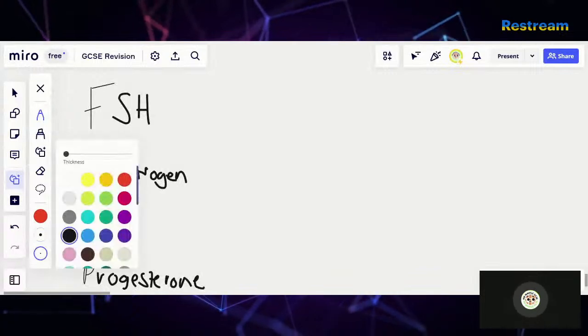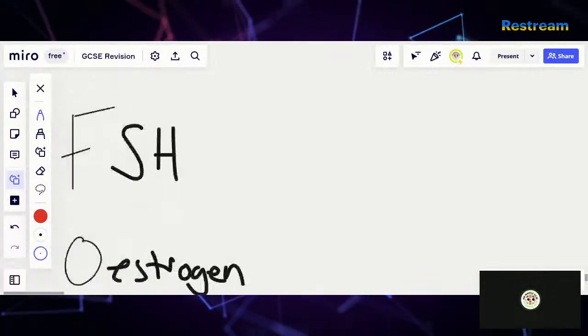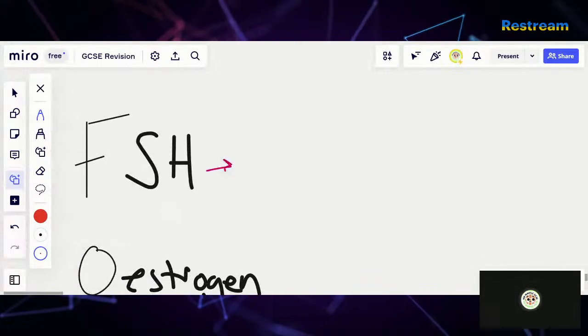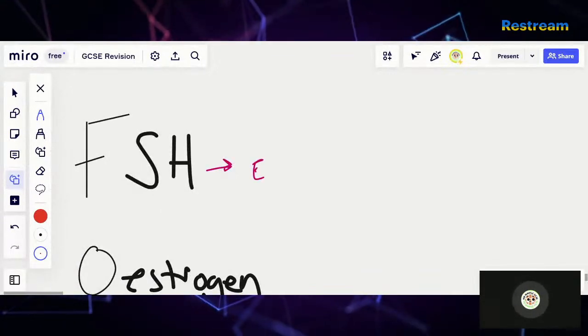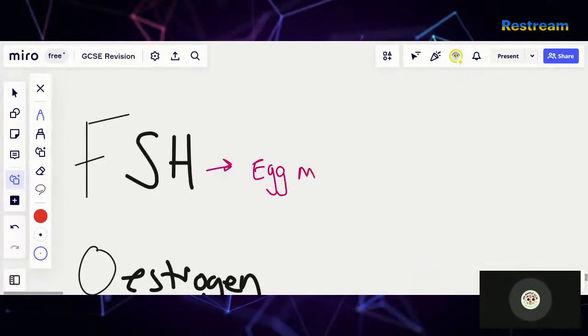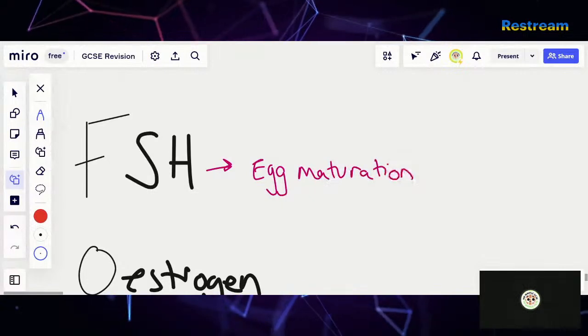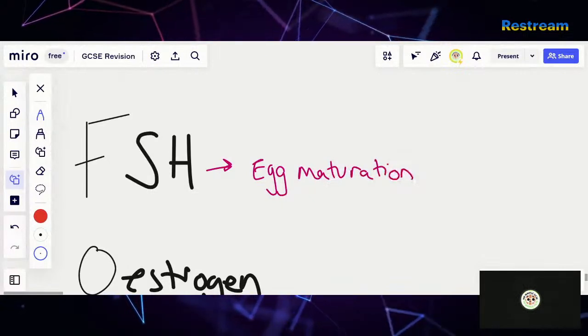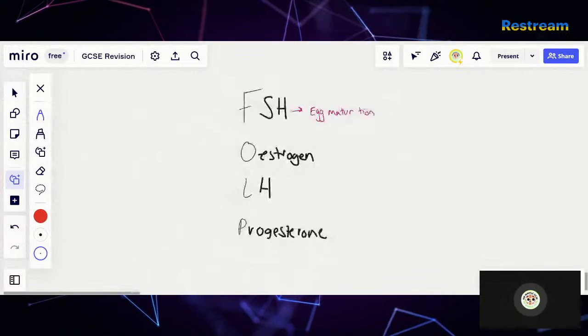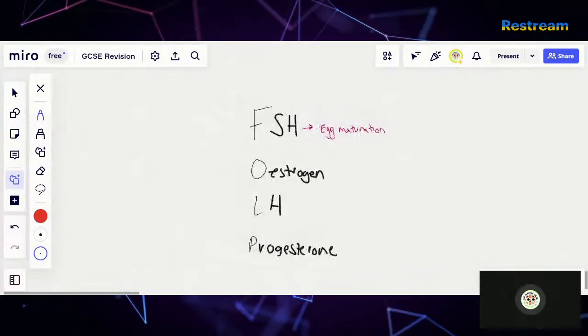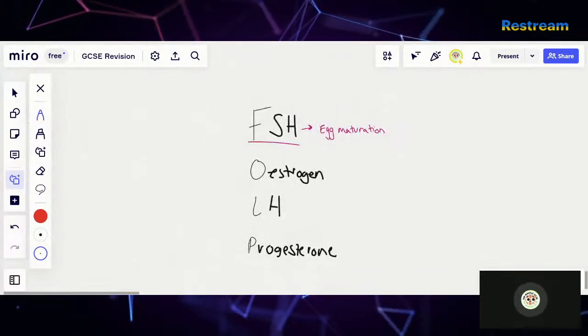So let's now go through and look at each one individually. FSH is responsible for egg maturation, maturing of the eggs. Now, FSH is released in the pituitary gland. An easy way to remember this is the ones which have letters, so FSH and LH.